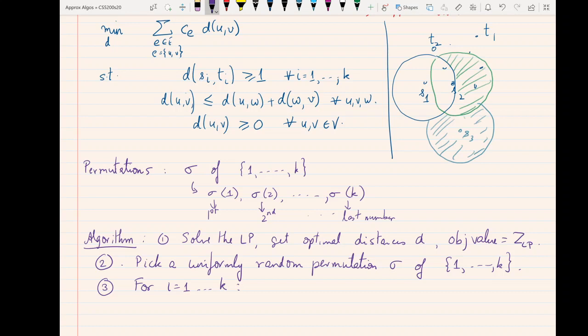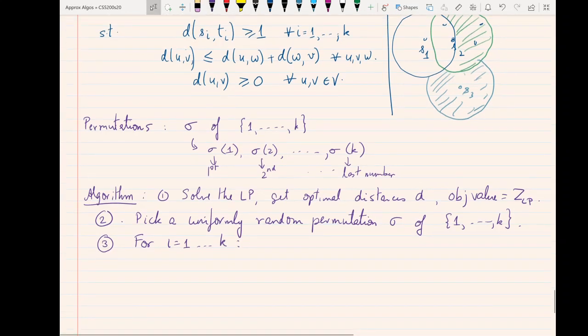We go to sigma of 1 and we'll define V sigma of i as the ball around S sigma of i of radius rho. But of course this ball might overlap with some of the vertices that are already captured by the previous terminals.